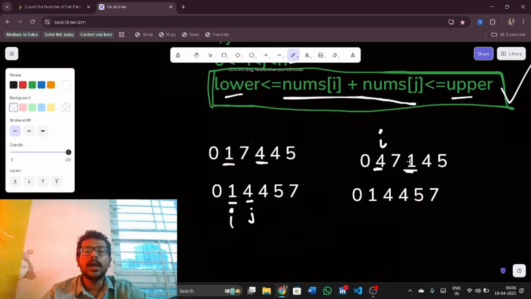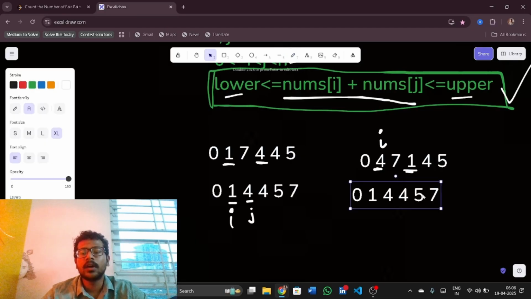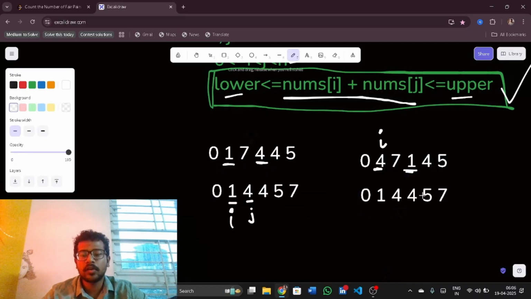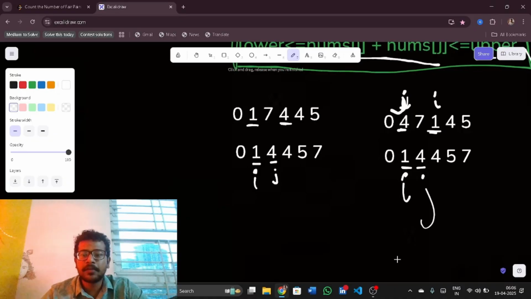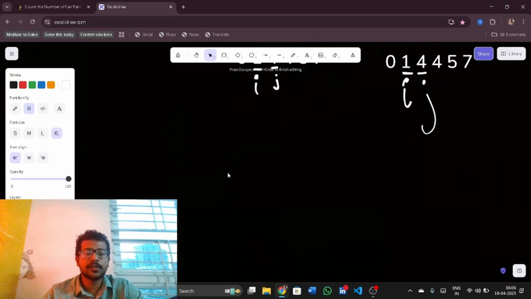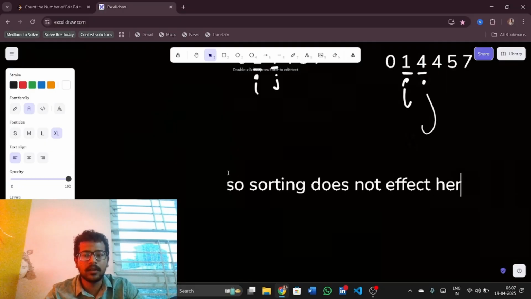But is there any need to avoid sorting? No, because even if I consider this as i and this as j, that's what I am doing here. This is the first observation: sorting does not affect the count here.